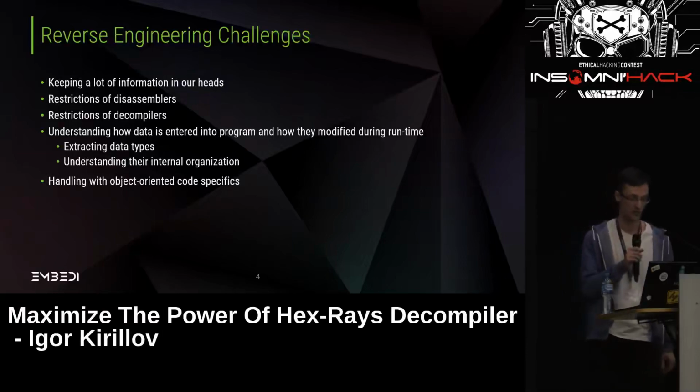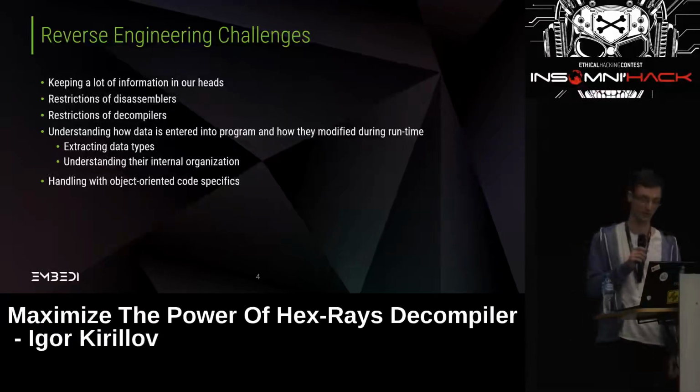Hex-Rays is not of much help to us. In its output, we see just variables, casts, offsets, or indices, something similar to a structure, but not something that can really be used as it is. Also, when we research object-oriented code, we have virtual tables and virtual functions, which make the picture more obscure.